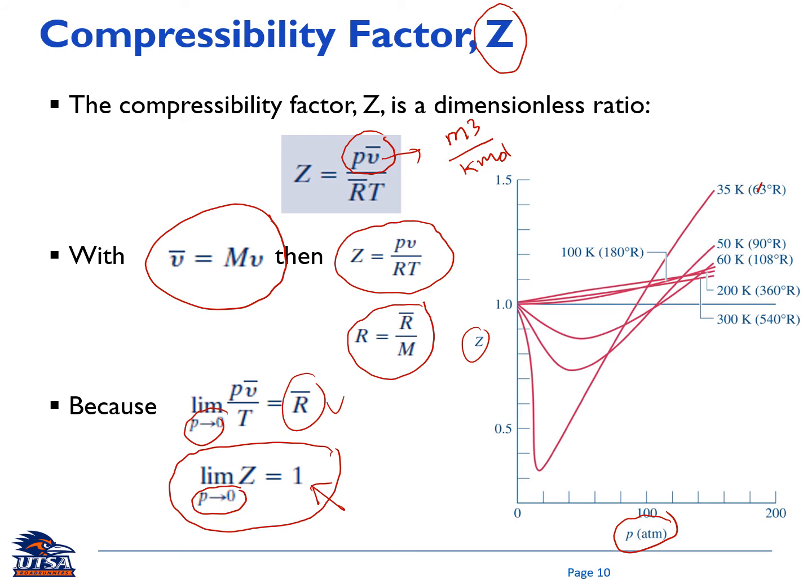You see that if I decrease the pressure and it approaches 0, I have Z equal to 1, which is what we have here. Once again, for pressure approaching 0, the limit of Z equals 1.